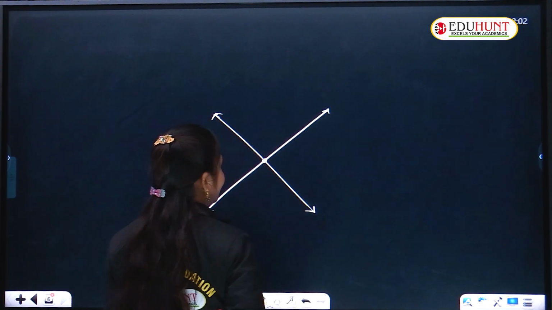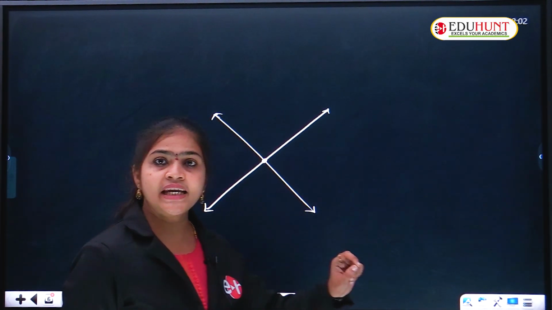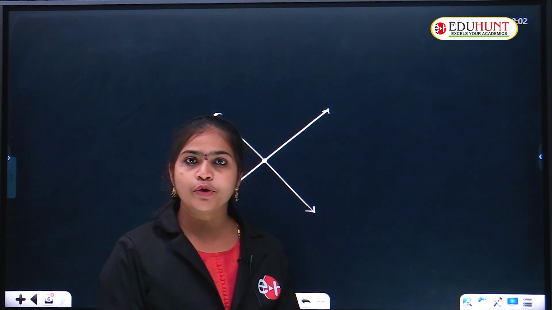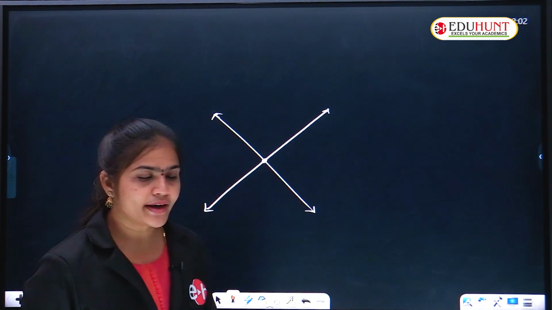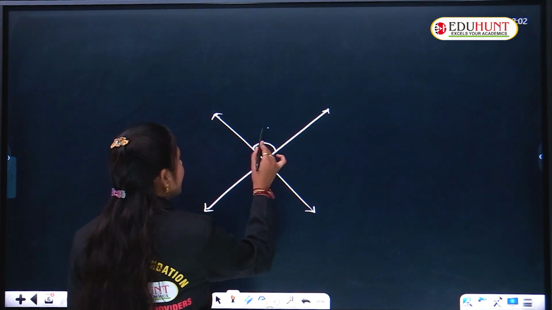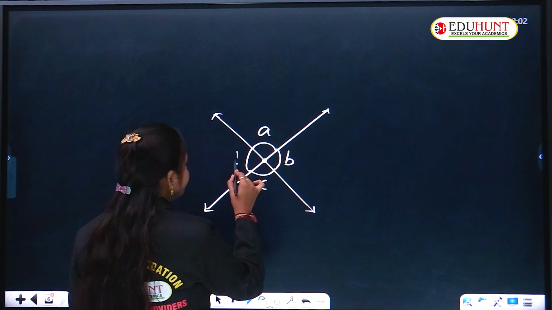Only one common point. At that common point, how many angles can we observe? At every intersecting point, we can observe 4 angles. This is one angle, this is the second angle, 3, 4.